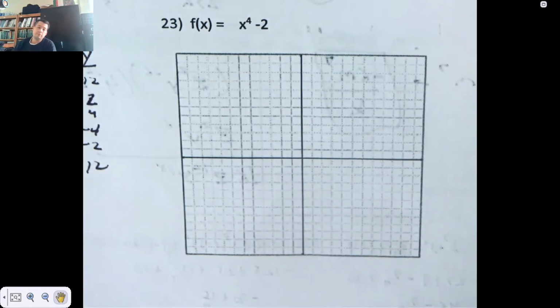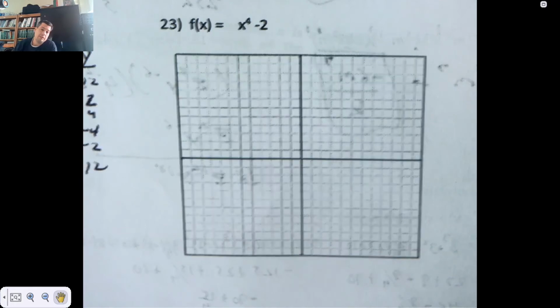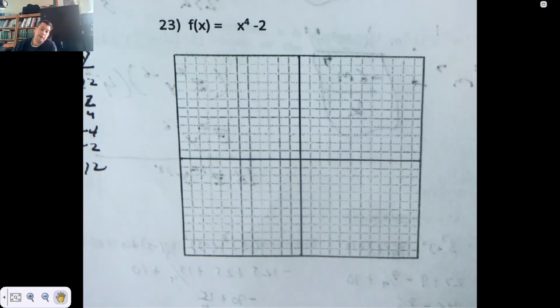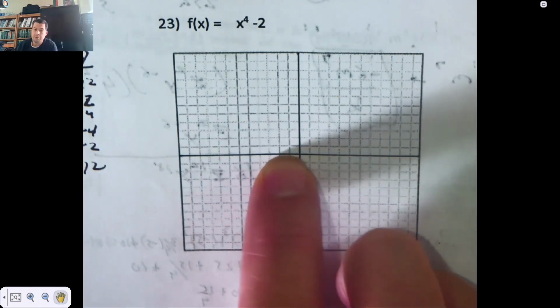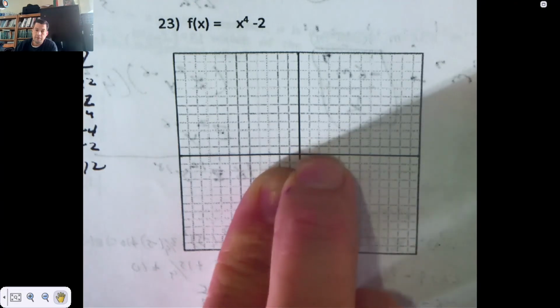This is x to the fourth minus 2, which should be a W. It's going to cross the x-axis at plus or minus root 2, about 1.41. So it's going to cross, even with our rough sketch, somewhere about right there at the tip of my fingernail, and somewhere about right there too.